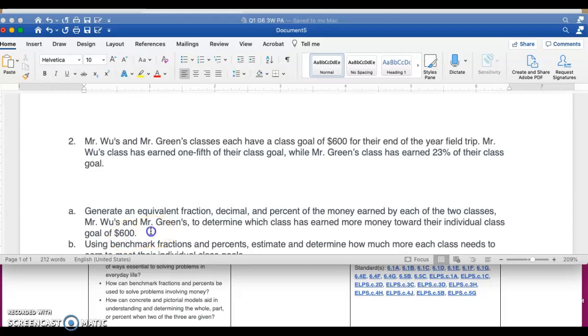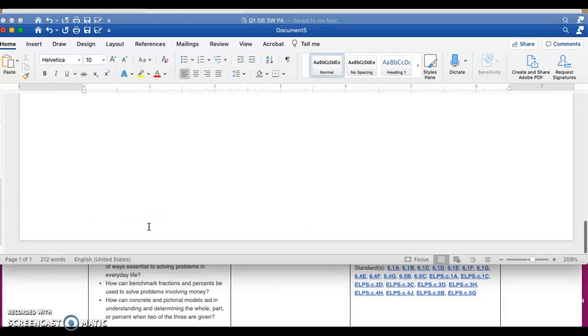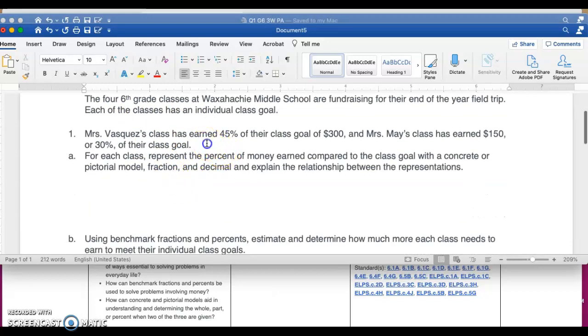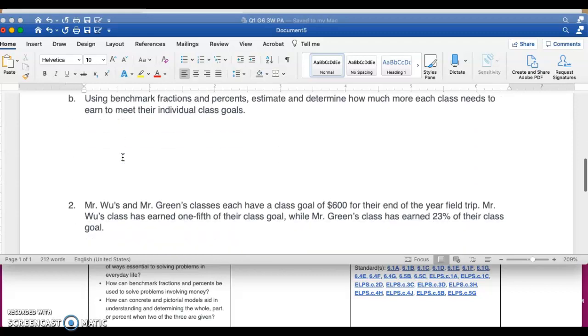So if I were to just copy this and give the kids a paper copy, they would have some space to do the work. So this is a little bit better. There's some space for the kids to show some work, to maybe write out some explanations.